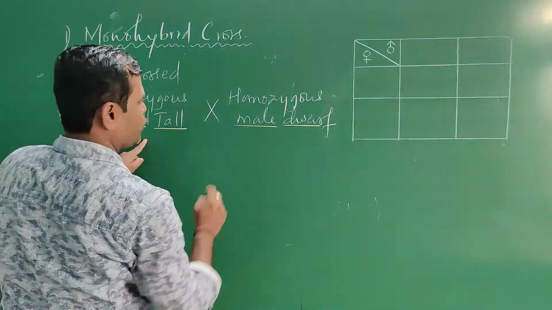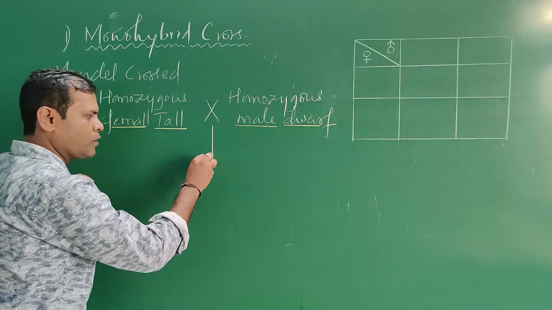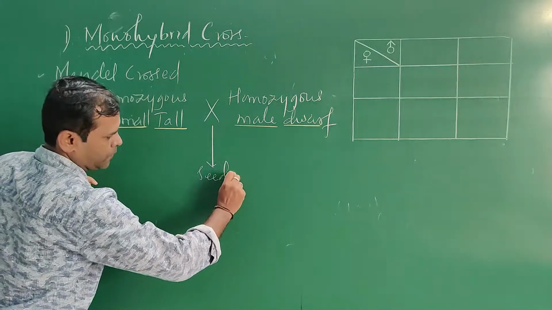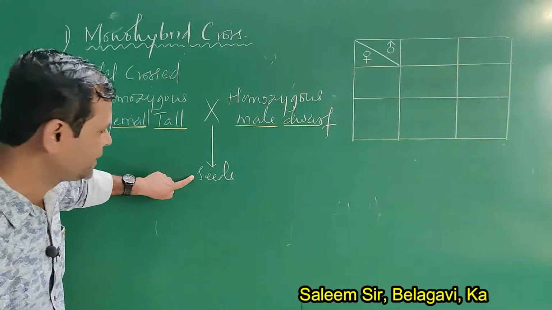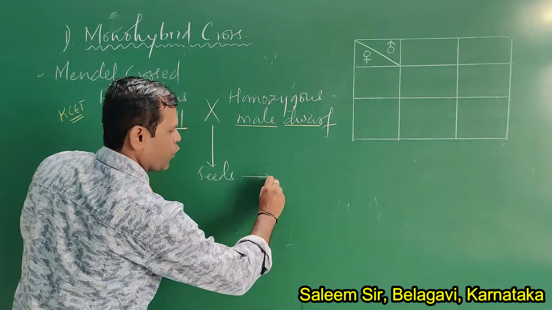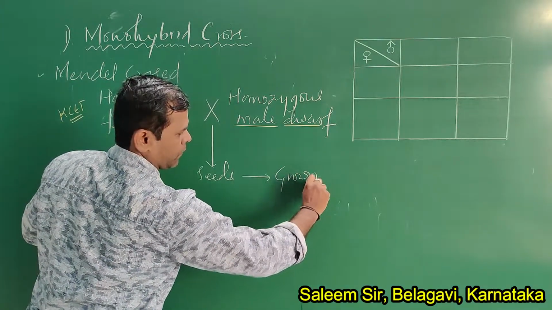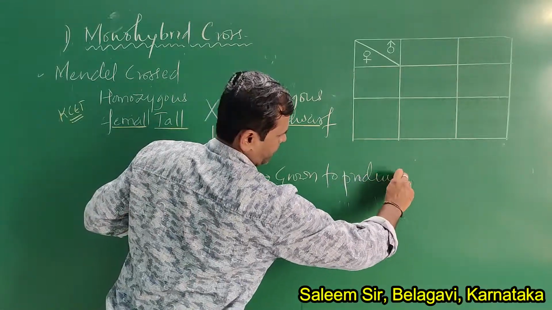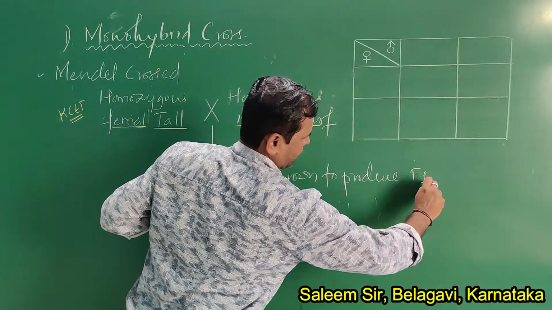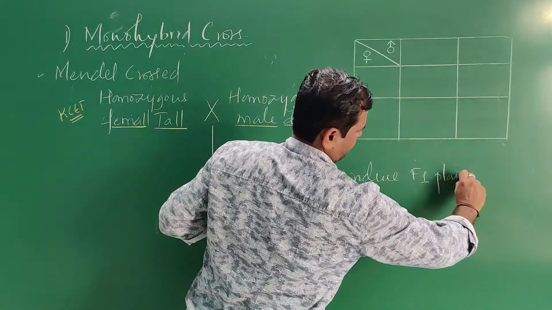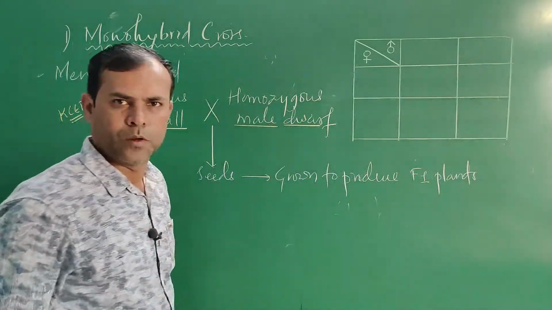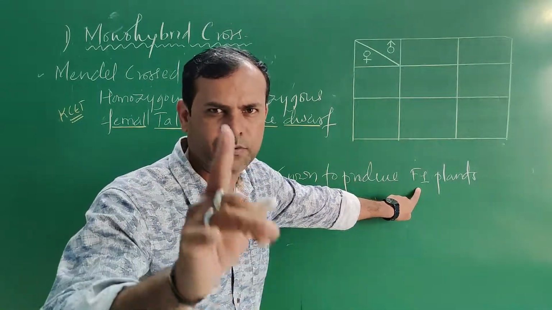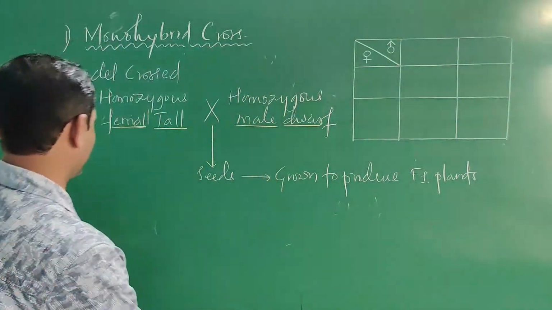Now when he crossed these two plants, seeds were produced. These seeds are then grown to produce F1 plants, the first filial generation.